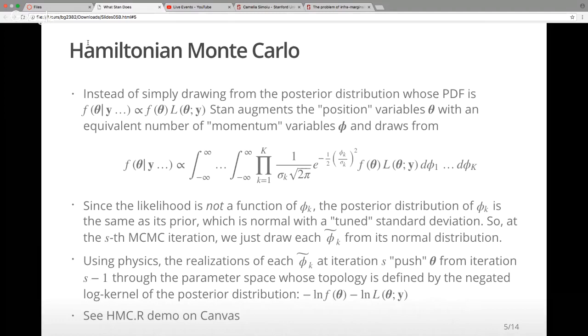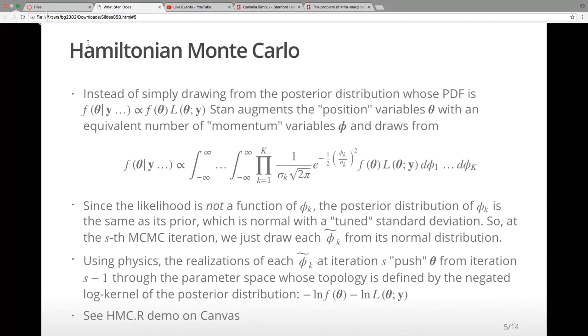Consequently, the posterior distribution of phi is the same as your prior distribution of phi. And the prior distribution is not even in your control. It's normal, mean 0, and the standard deviations are actually tuned in order to make the performance of Stan best. So you don't actually even choose the prior standard deviations or anything about the prior on phi.